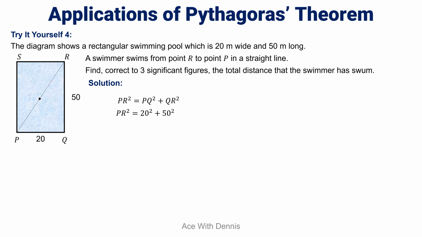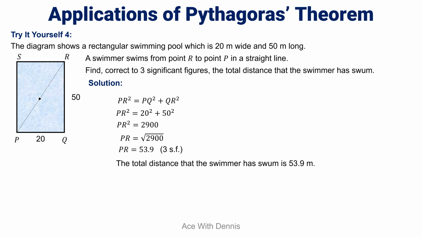PR squared equals 20 squared plus 50 squared, which is 2,900. So PR equals square root of 2,900, and the value will be 53.9, rounded to three significant figures. Hence, the total distance that the swimmer has swum is 53.9 meters.